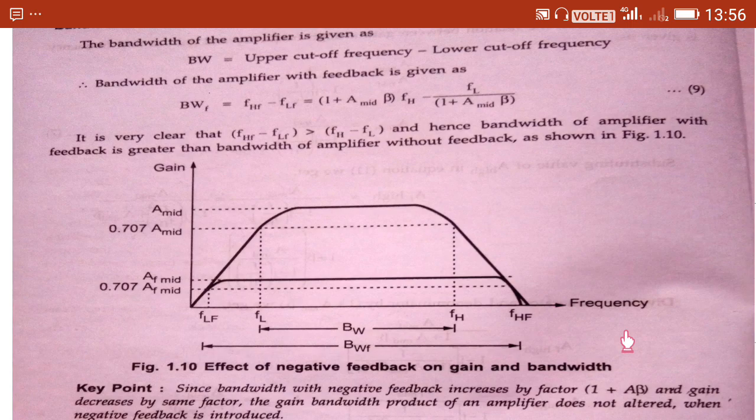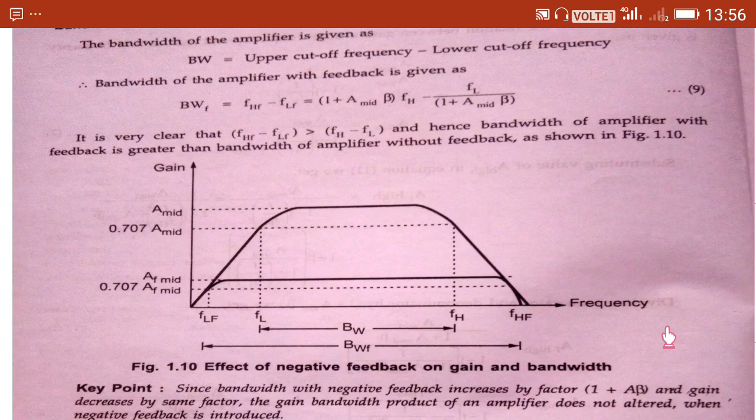Okay, now our frequency response curve, after introducing the negative feedback, becomes like this. We can easily observe by this figure that lower cutoff frequency is reducing and upper cutoff frequency is increasing. Okay, but the midband gain has been reduced.